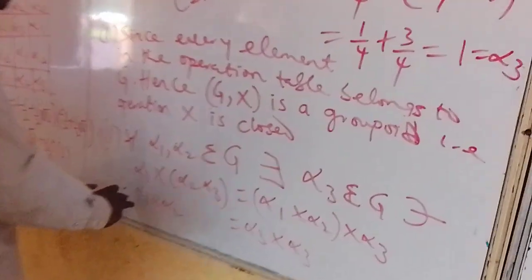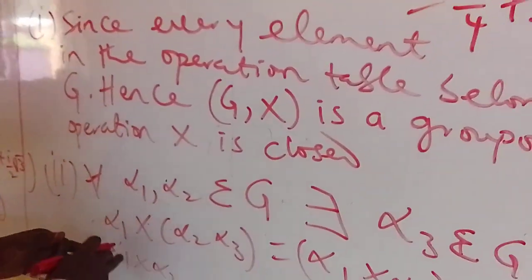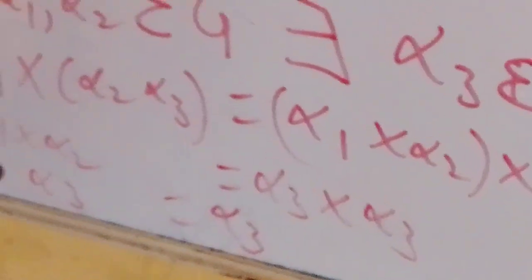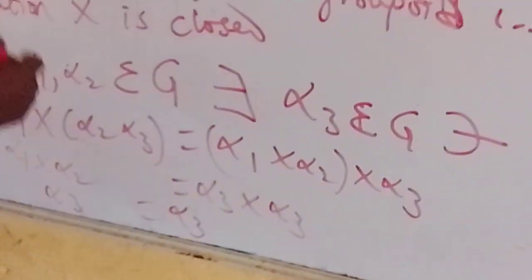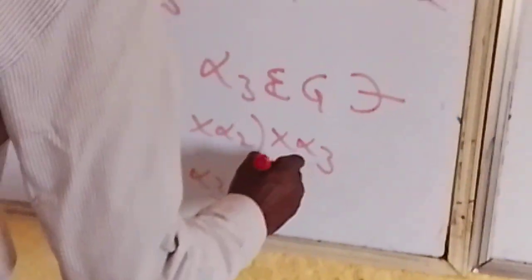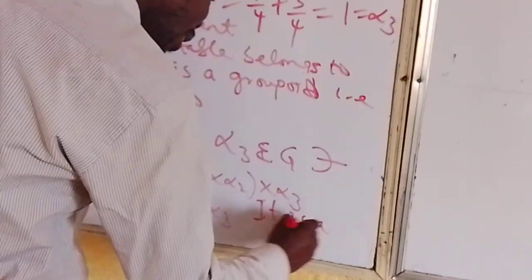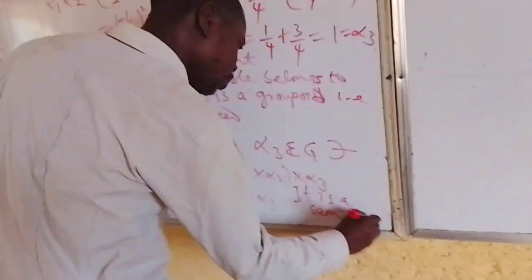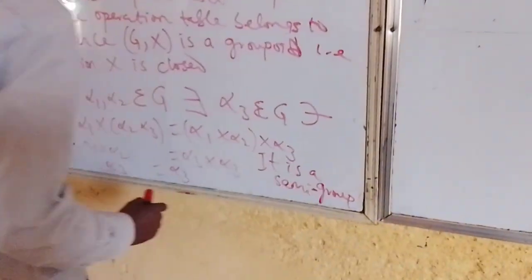So what we're having on the left is alpha 1, alpha 2, and alpha 1, alpha 2 is alpha 3, which is equal to alpha 3 on the right. So that means since alpha 3 is here, alpha 3 is here, it is associative. It is a semigroup. That is the second property, the property of associativity.